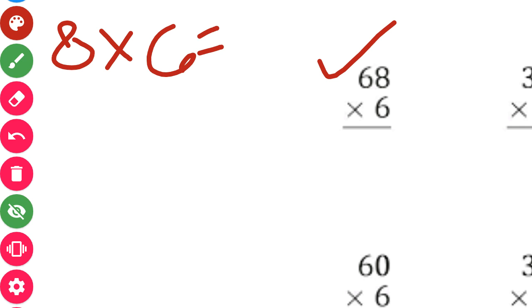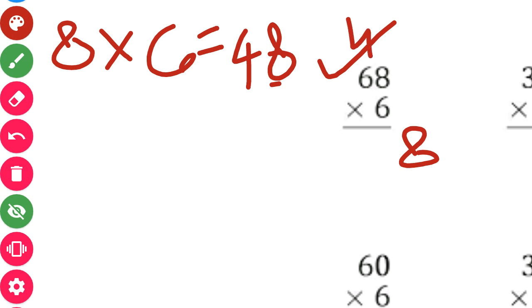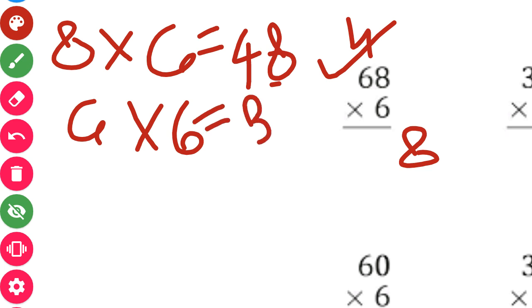Now 8 sixes are 48. Now for 48 we will write 8 here and we'll put a carry 4 at the top. Now at tens place we are having 6. So 6 into 6 we will get 6 sixes are 36. Okay, great.